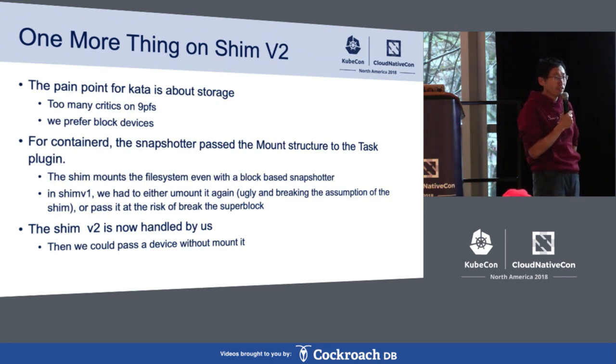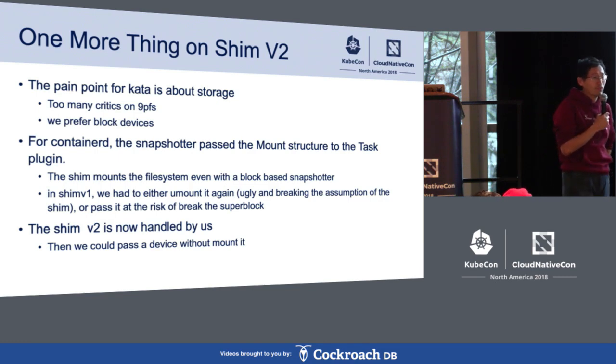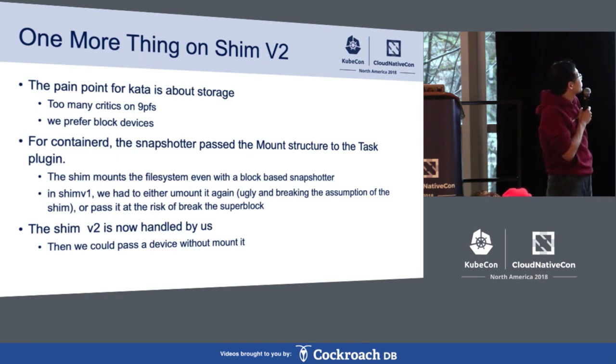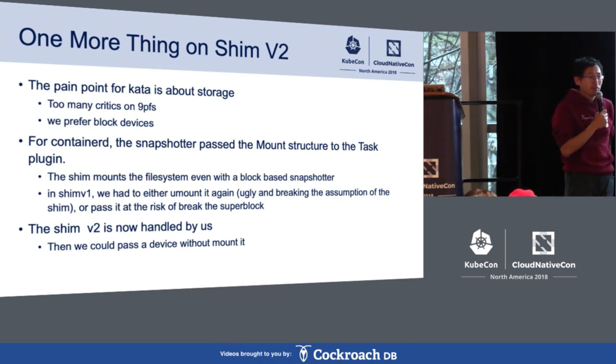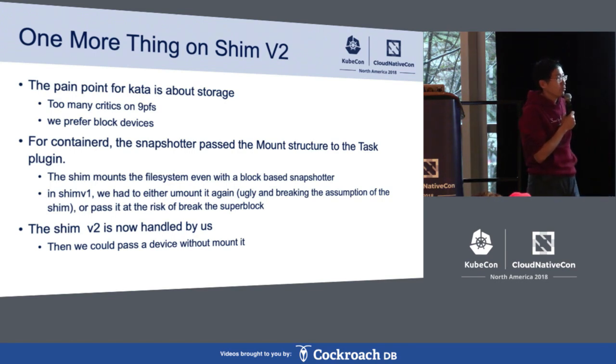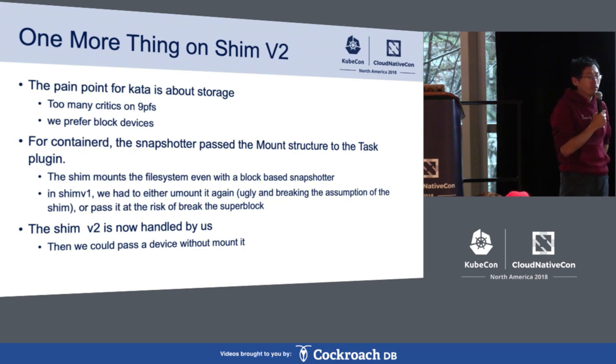Sometimes it will break some POSIX semantics, and we have to do some dirty hacks to make APT and other things run well. Also, the 9pfs implementation itself in QEMU is not so good, so sometimes there are security bugs about the 9p. So we have to avoid using it for the production environment.